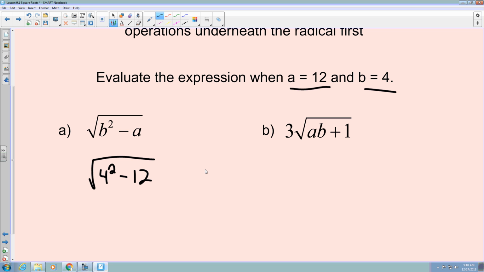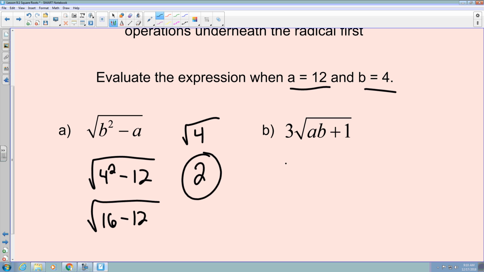So square roots fall into that grouping symbols notion. Inside the grouping symbol, I've got to take care of the exponents. 4 squared is 16, and it's going to be subtracted by 12. This is turning into 16 minus 12, which is 4. Square root of 4 is 2.